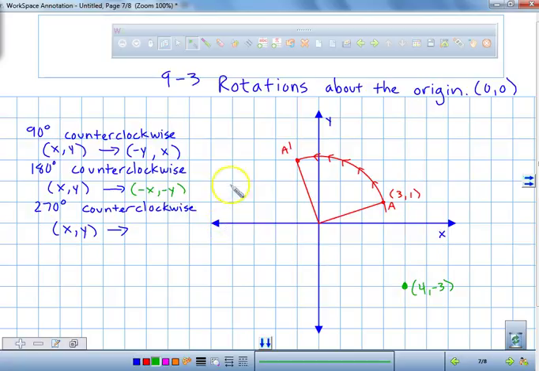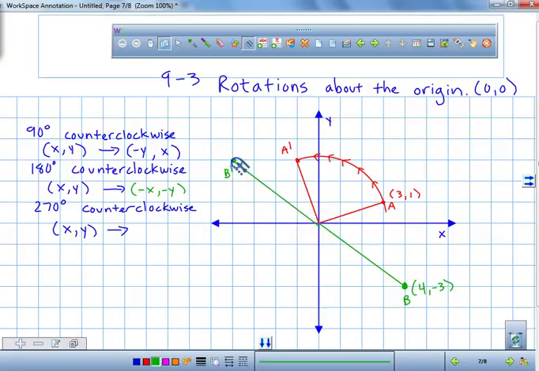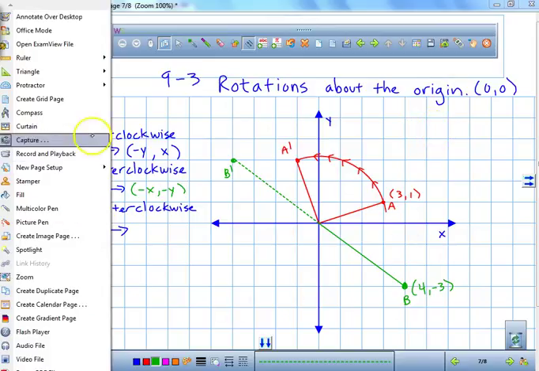So if I go negative 4 and up 3, I'm going to call this b. I'm going to call this b prime. And you should be able to see that this goes from here to right there. So it starts here and it goes all the way here. Can you kind of see how that would make a half of a circle? I don't want to confuse you. It's not a whole, it's half of a circle.